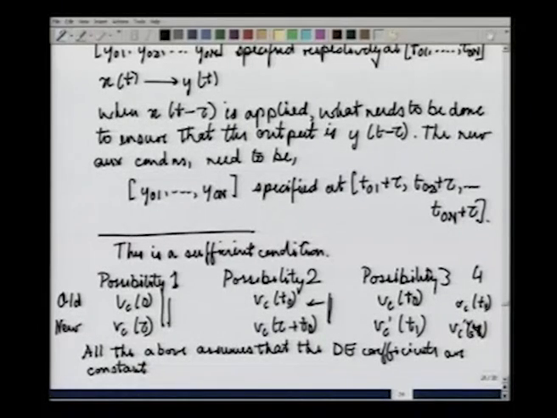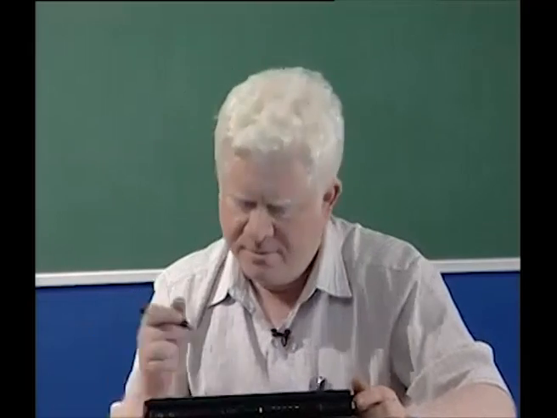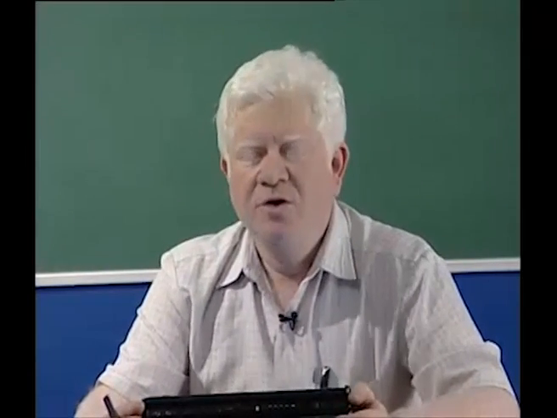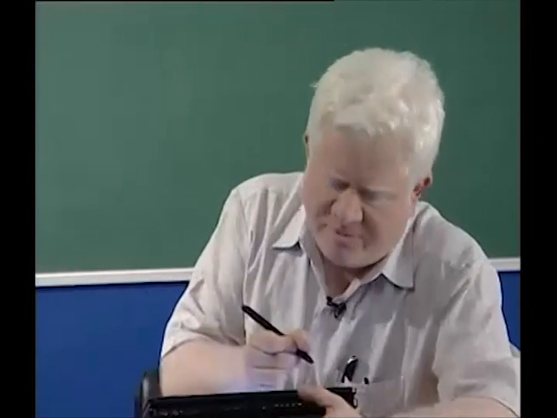It is only under that proviso that the rest of the discussion is valid. Now, let us quickly move on to a third important property of physical systems, that of causality.